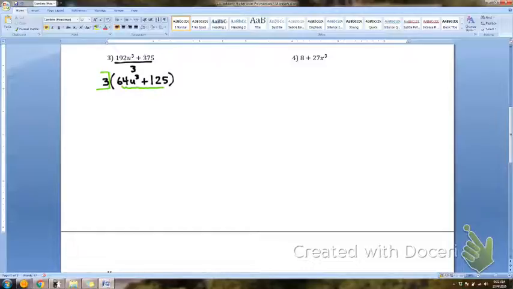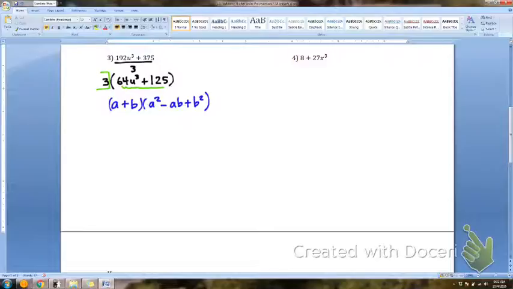This is an addition problem, so I'm going to use my sum of cubes formula. My sum of cubes formula says a plus b times a squared minus ab plus b squared. I just wrote the formula down from up above. Again, I knew I needed the addition formula because this is an addition problem.